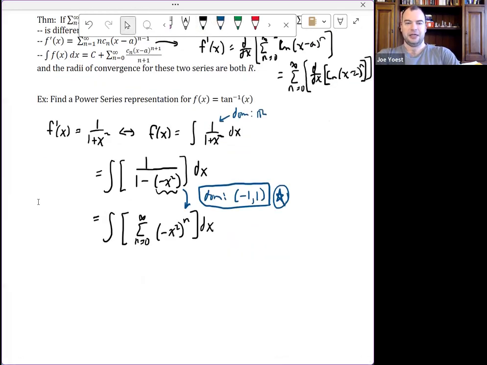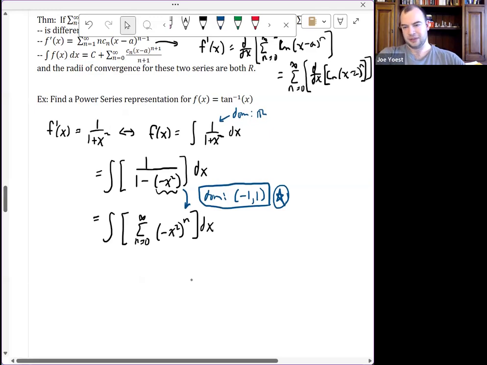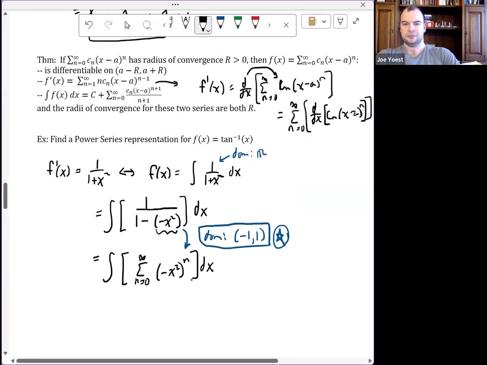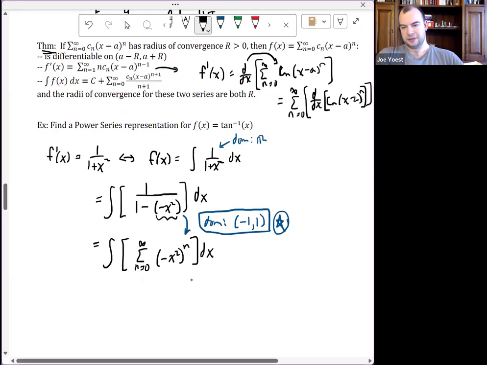Okay, but now I see that by my theorem up here, I can swap the integral and the summation.